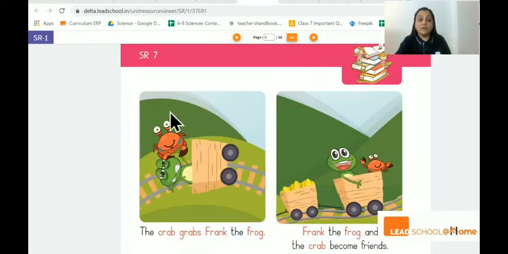Oh, now look at this picture. Who has come to help Frank the Frog? Yes, the crab has come to help Frank the Frog. Now let's read. What is this word? Read the blend. Crab. Read this blend. This is crab. Crabs.